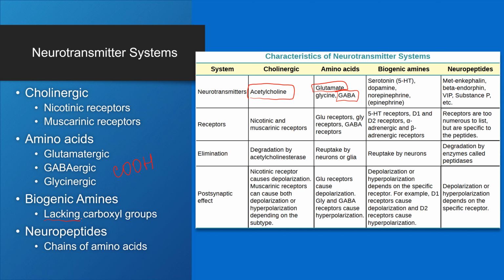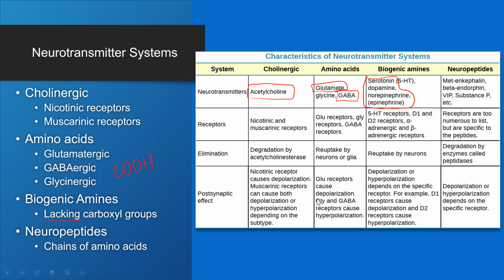Examples are epinephrine, norepinephrine, dopamine, serotonin. All this stuff that we know affects not only the electrical activities of neurons and muscles, but also your mood, your memory, your emotions.